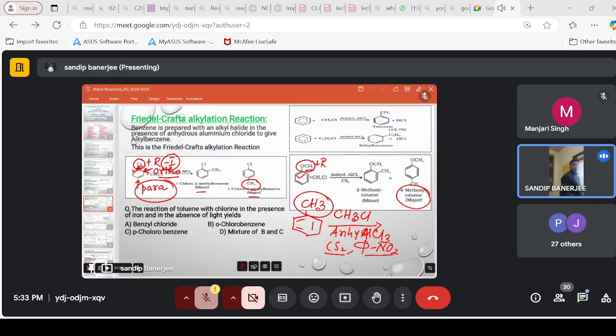As you know, this CH3 will operate the hyperconjugative effect, and in this way, in the ortho position and in the para position, it will enhance the electron density to an equal extent. Hyperconjugation is nothing but what is called no-bond resonance, which operates via sigma as well as via pi bond.